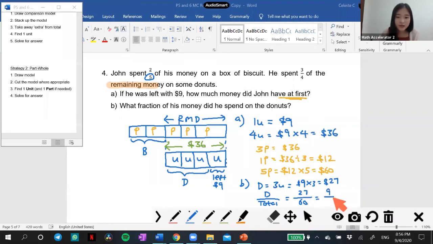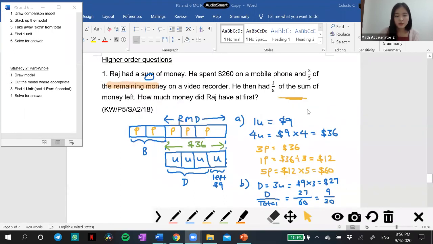Once you simplify, you can get 9 over 20. Okay? Alright, so for those of you who chose the wrong answer, the first one, it was the non-simplified one. You have to simplify your answer at the end to get 9 out of 20. Right? Okay. Okay, let's go on to the next page.